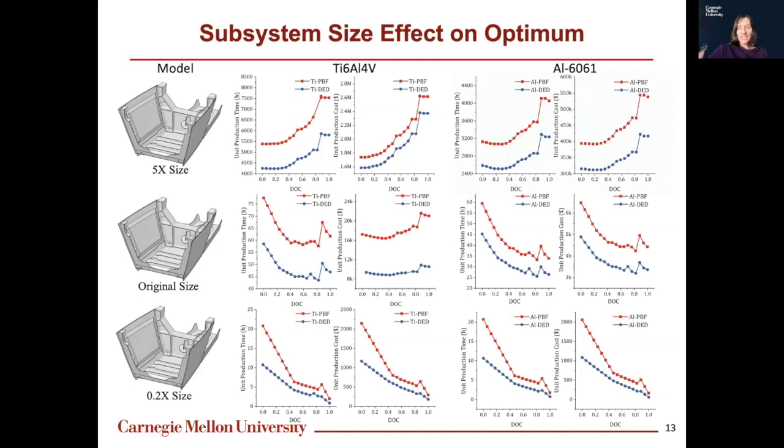And so as a result, we see that for all else equal, for larger scaled parts, the optimum degree of consolidation is much lower. And in fact, for some systems, it doesn't make sense to consolidate any of the parts. Whereas if the part is scaled down, then the optimal degree of consolidation moves towards full consolidation.